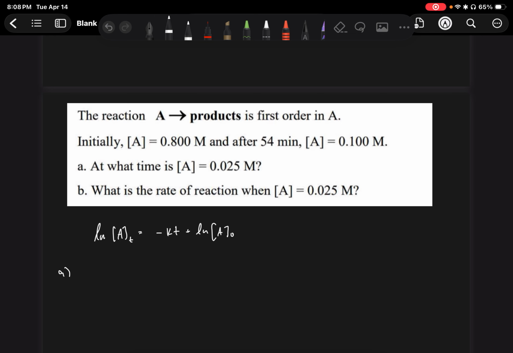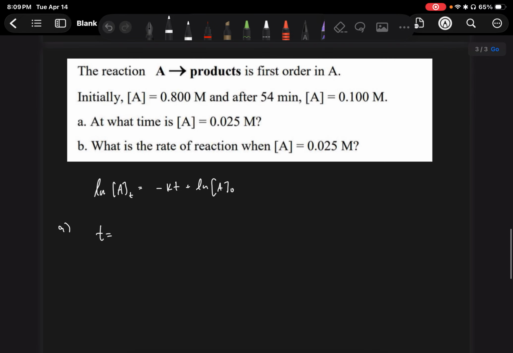Well, that is a good question. How do we do that? At what time? We have to solve for K. Oh, and we have initial and time. So we just gotta... Why are they making you do all this, bro? Okay. Here's another equation that I got.